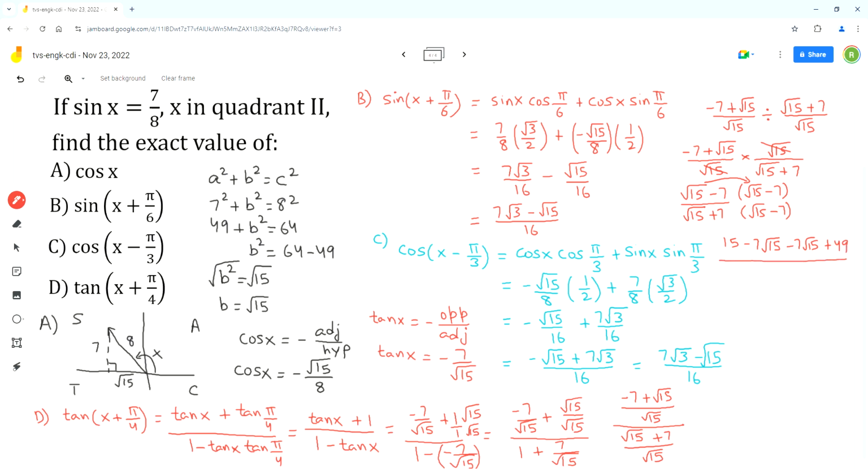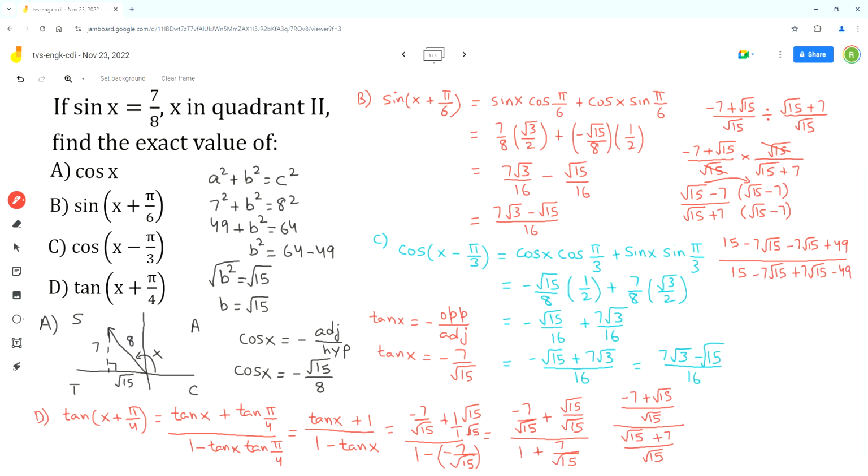We can do the same in the denominator. Square root of 15 times square root of 15 is positive 15. Square root of 15 times negative 7 is negative 7 square root of 15. 7 times square root of 15 is positive 7 square root of 15. And 7 times negative 7 is negative 49.